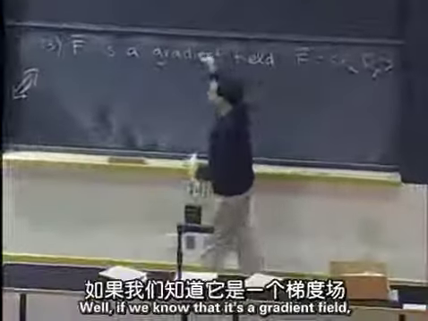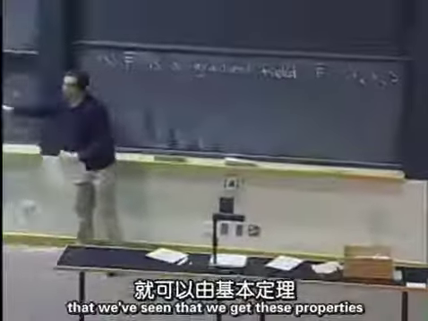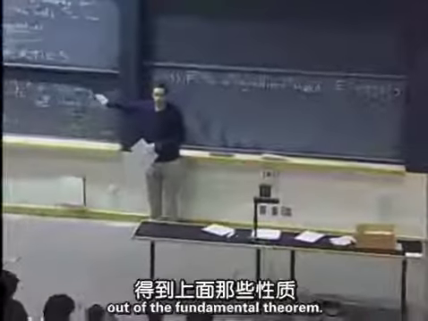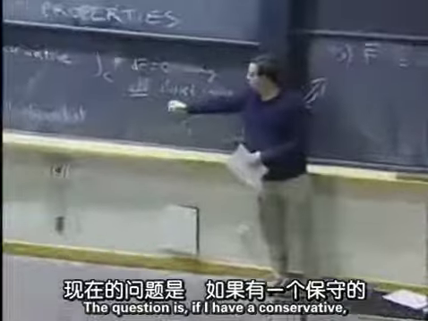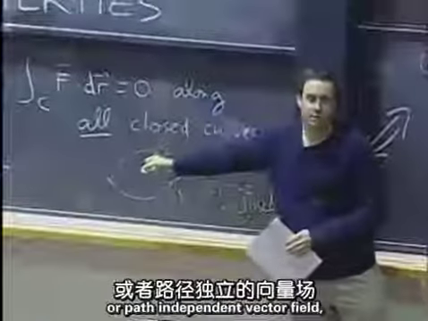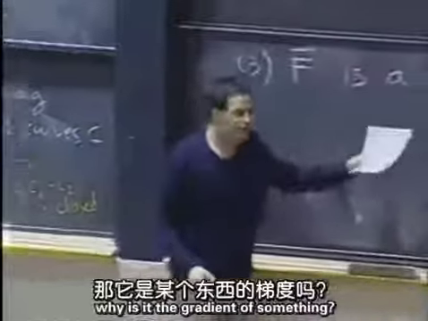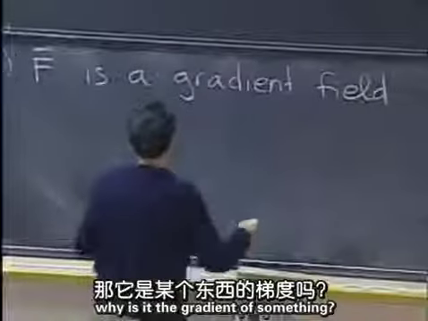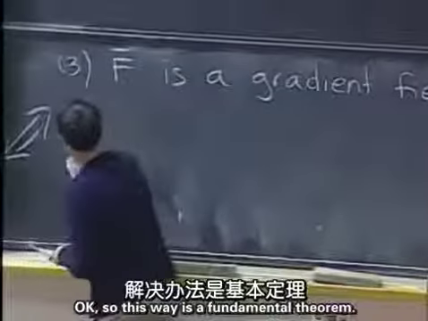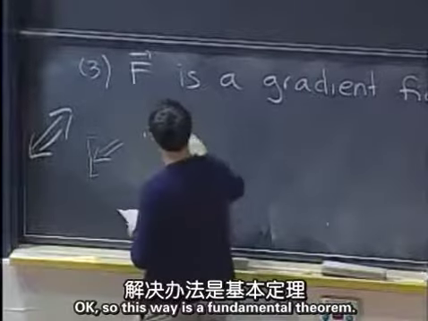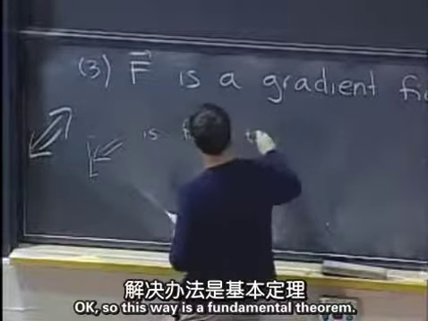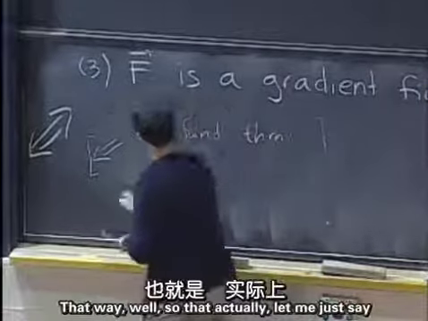Why? Well, if we know that it's a gradient field, then we've seen that we get these properties out of the fundamental theorem. Question is, if I have a conservative or path-independent vector field, why is it the gradient of something? So this way is the fundamental theorem.